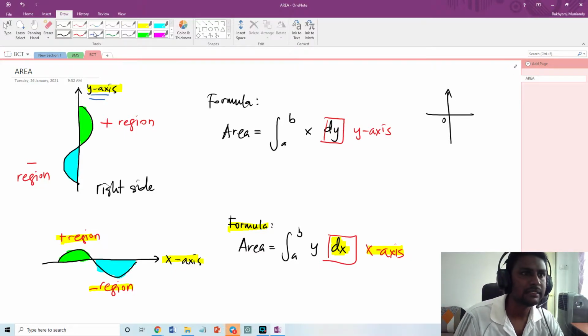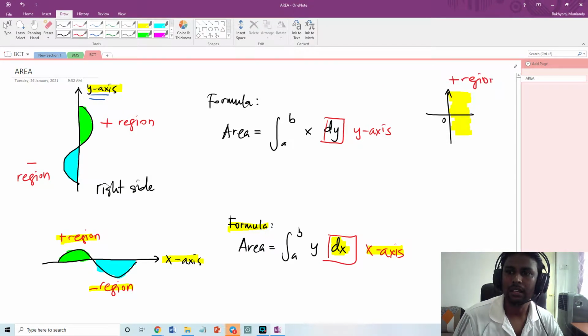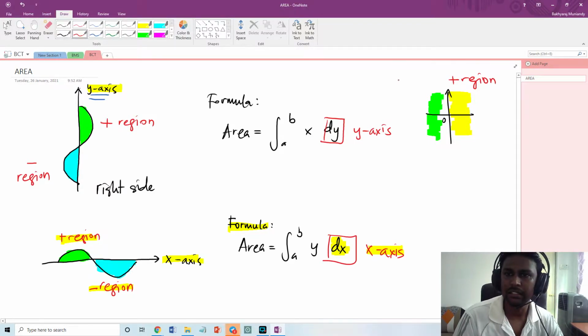Anything in yellow is the positive region, and anything in green is considered the negative region.